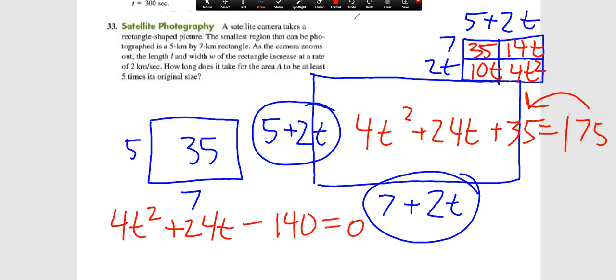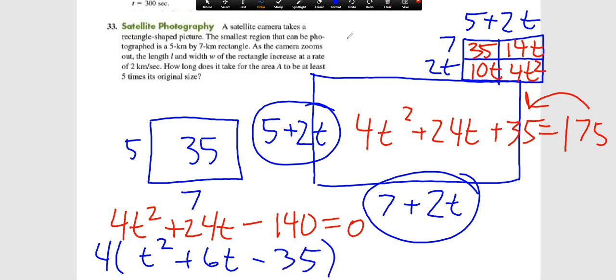Ooh, I see a GCF. Is there a GCF in town here? What can we pull out? 4. And that would leave me with t squared plus 6t minus, is that 35? I believe.